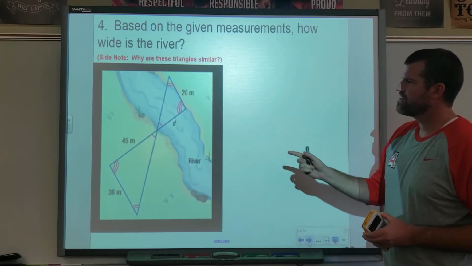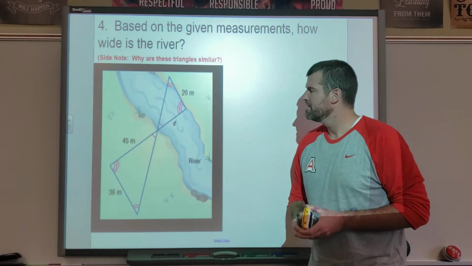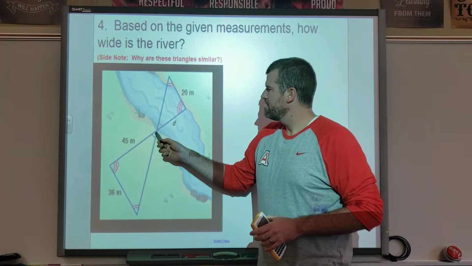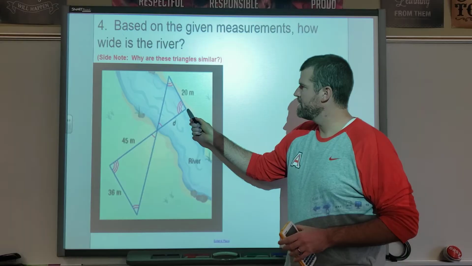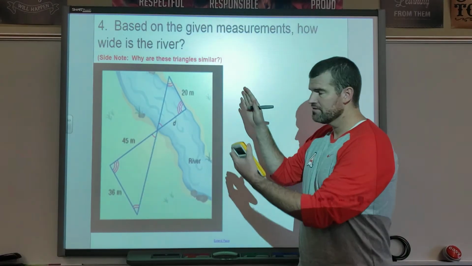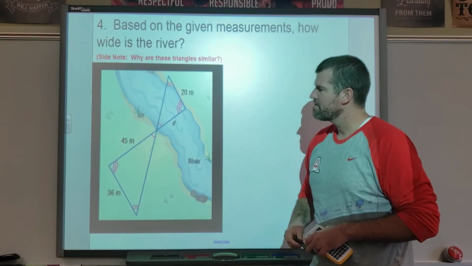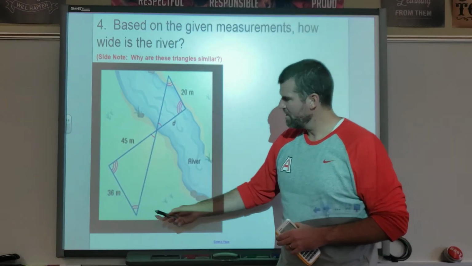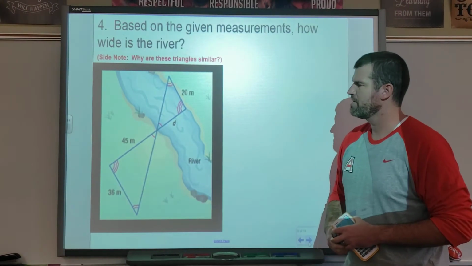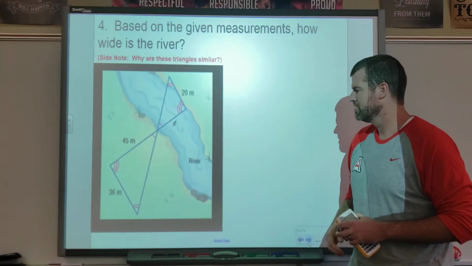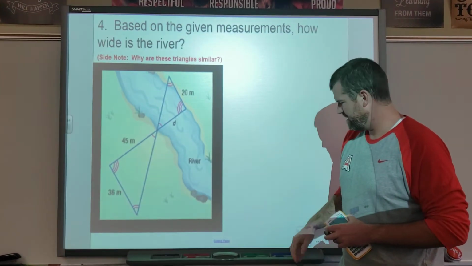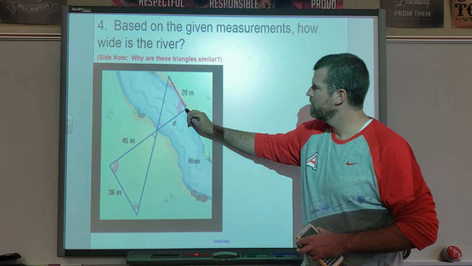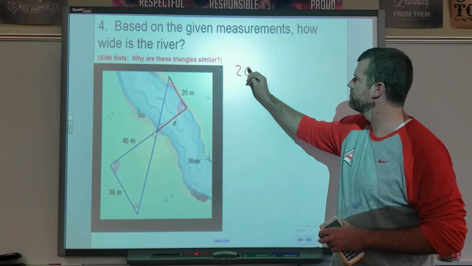All right, so here's that river problem that we looked at earlier. We know that these triangles are similar because we have vertical angles, and then these distances were measured at a parallel section so that we were able to get alternate interior angles and also alternate interior angles there as well. So we know they're similar by angle. And so now when I go to solve this, I can do something like 20 over d.